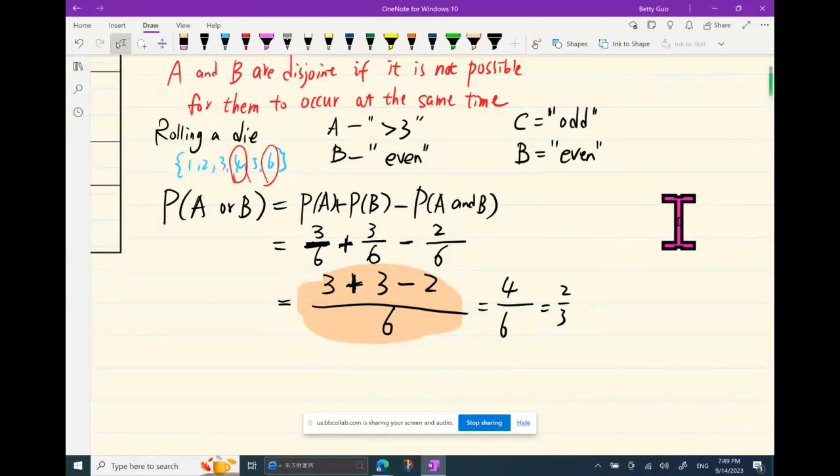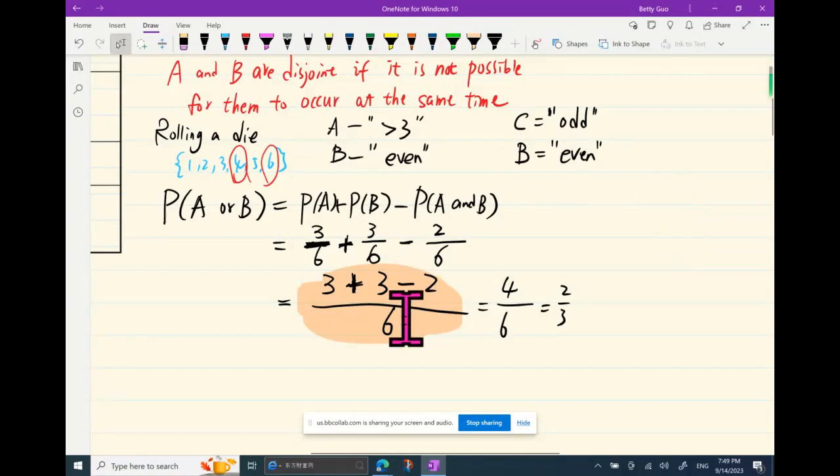Oh, I know what you're talking about. Yeah, you can do that for sure. You're thinking about the result A or B: bigger than 3 or even. So you have 2, 4, 6, and then bigger than 3, you have a 5. So it's 4/6, and 2/3.